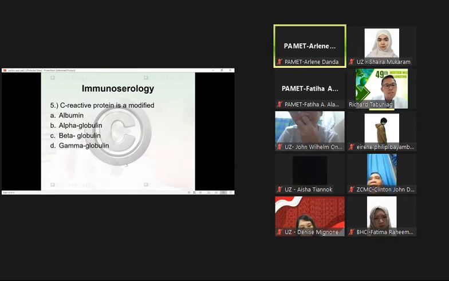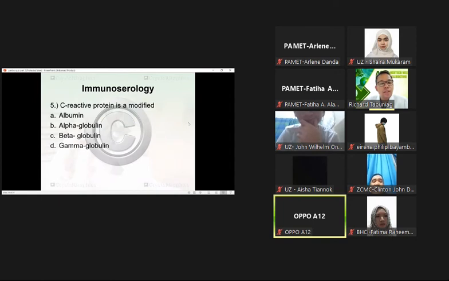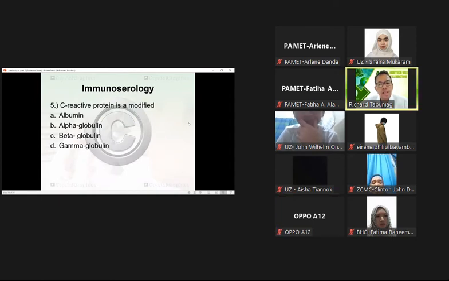Number 5. C-reactive protein is a modified A. Albumin, B. Alpha globulin, C. Beta globulin, or D. Gamma globulin.